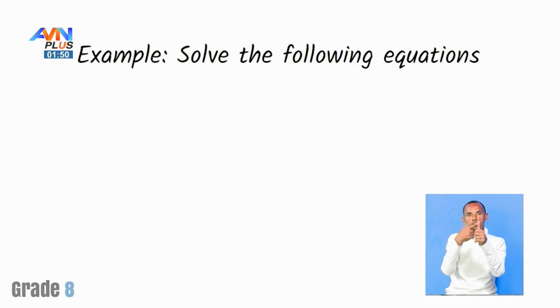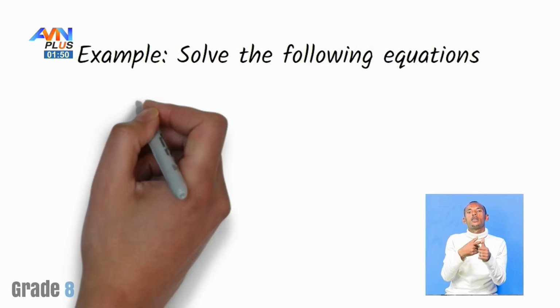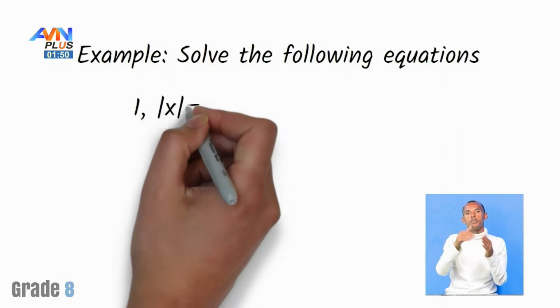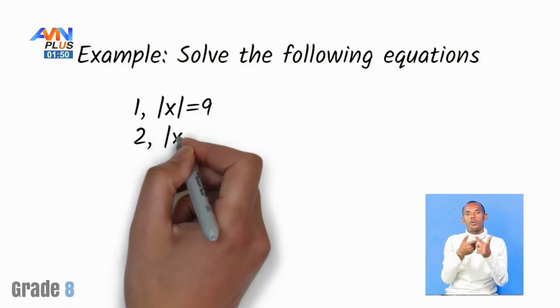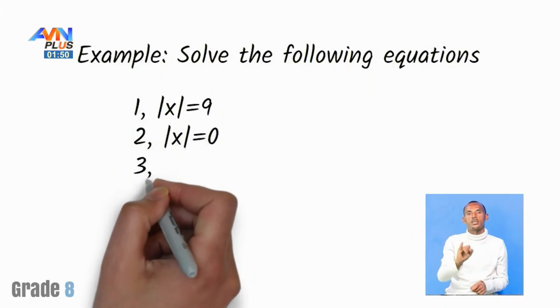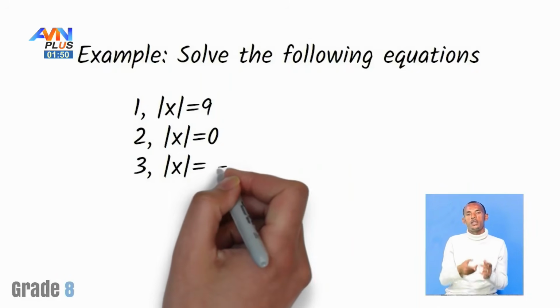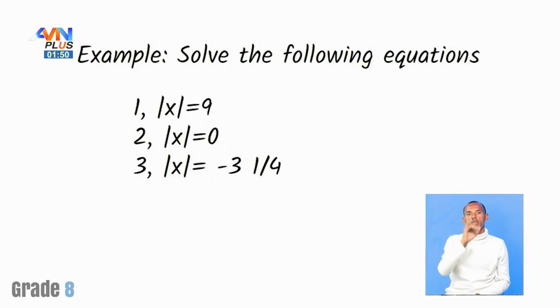Okay, the first one, the absolute value of x equals 9. The second one, the absolute value of x equals 0. And the third one, the absolute value of x equals minus 3 and 1 over 4.